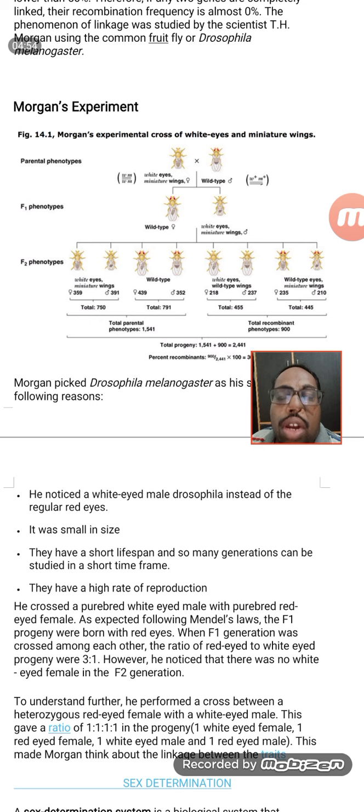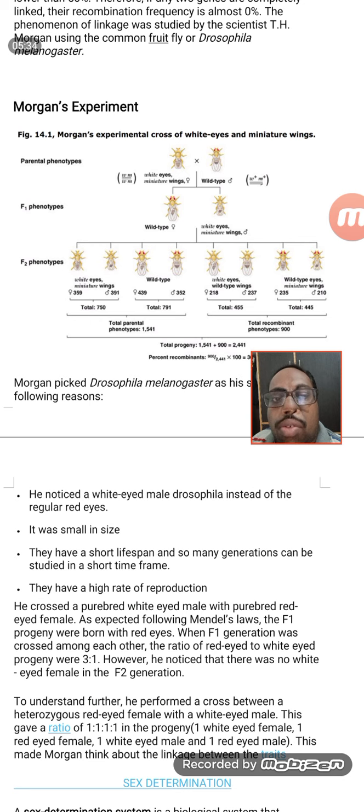One of his colleagues, a co-worker with him, whose name is Sturtevant, was also a scientist working under Thomas Hunt Morgan. Sturtevant said that if we know the genes and the position of the genes, for example if some genes are present in chromosome number 1, we can determine where these genes are located.